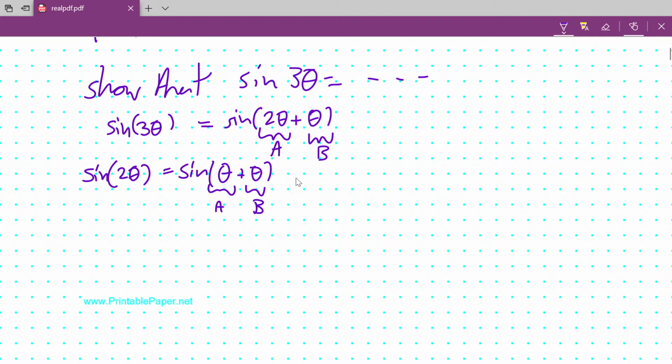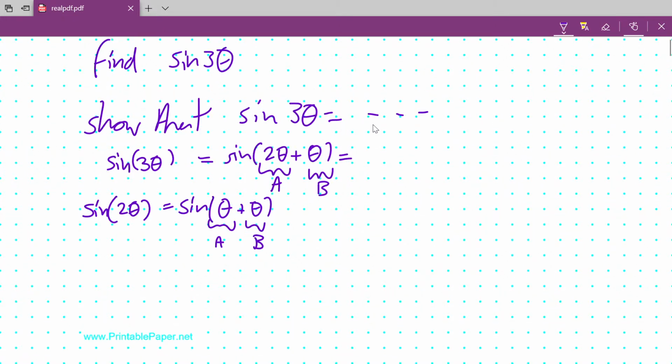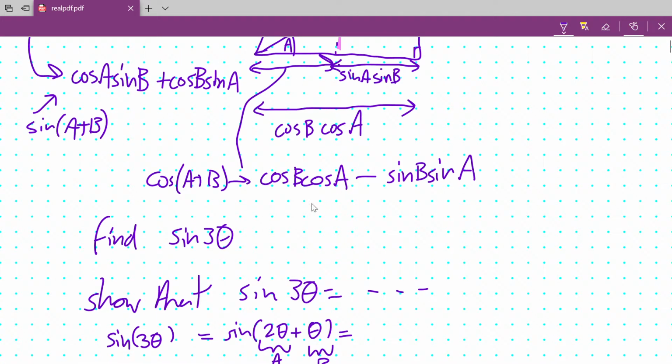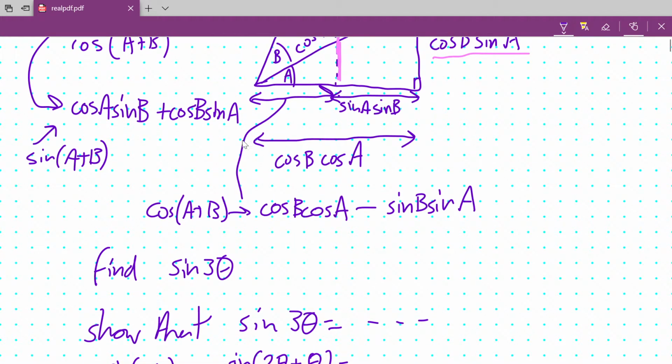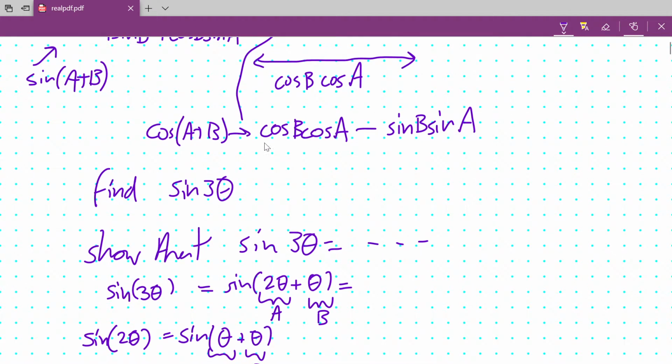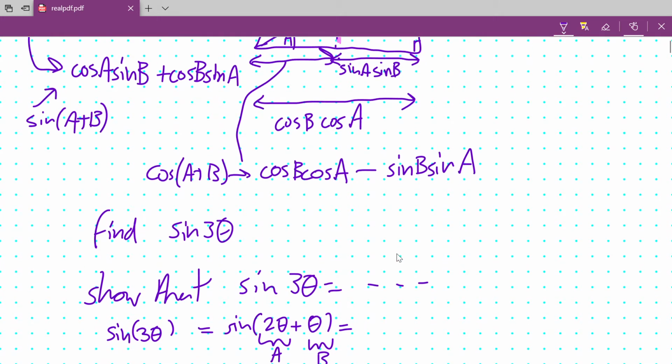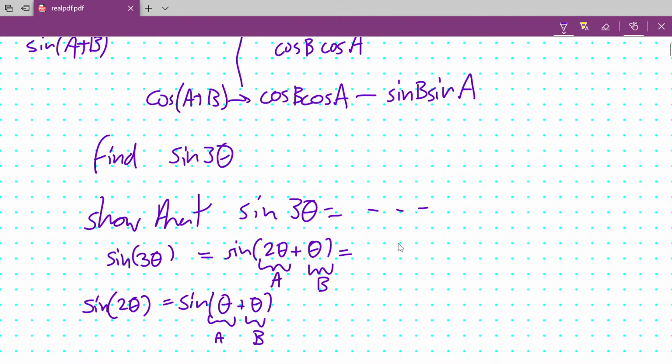So first we can work out sine 3 theta from our identity at the top, where A is 2 theta: cos 2 theta sine theta plus cos theta sine 2 theta. I'm going to rearrange that a little bit, but you get the idea: sine 2 theta cos theta plus sine theta cos 2 theta.